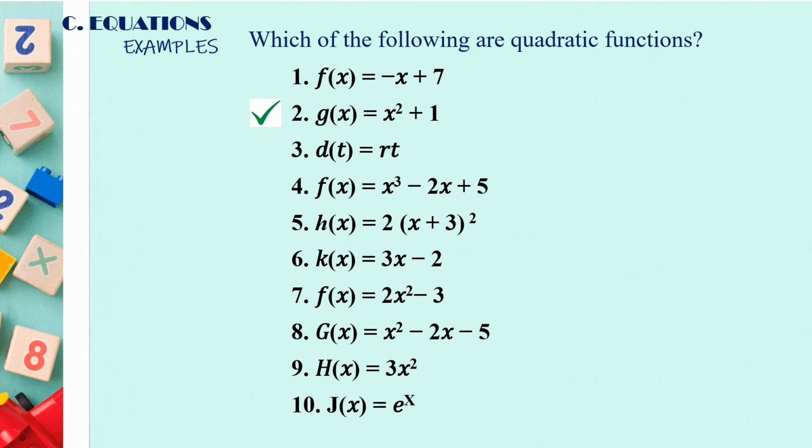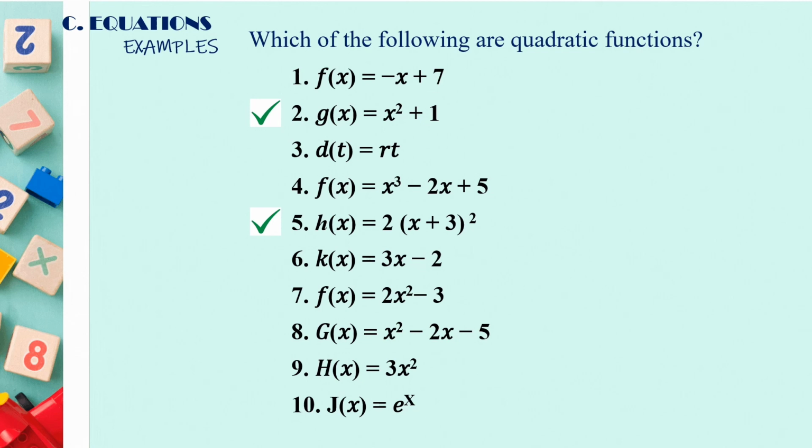Number 3 and 4 are not quadratic functions because the degree of a quadratic function should be 2. Number 5 is a quadratic function because the degree is 2 even if no k.